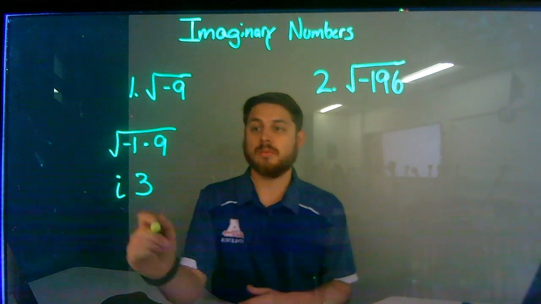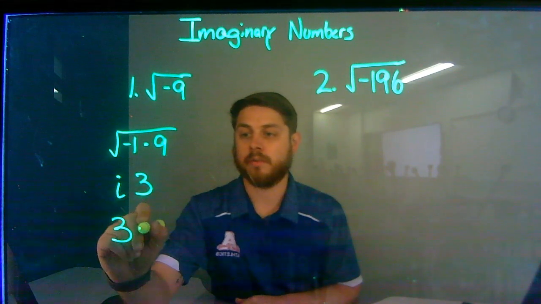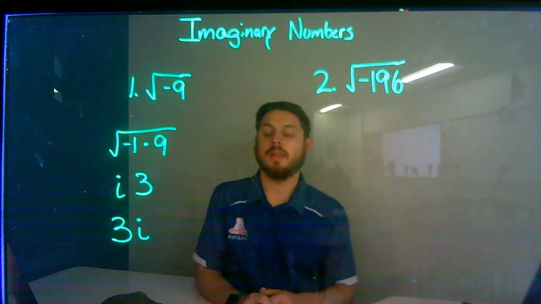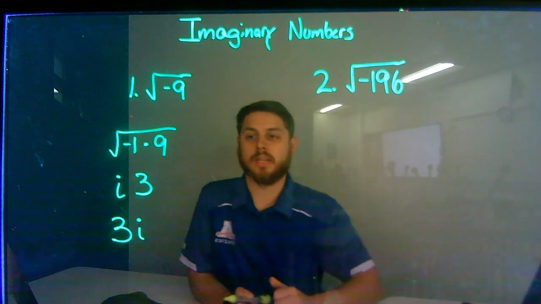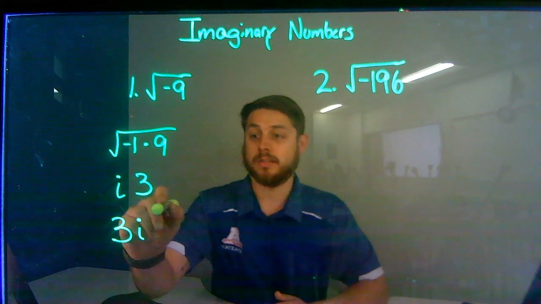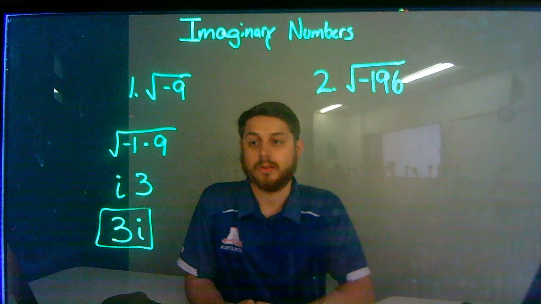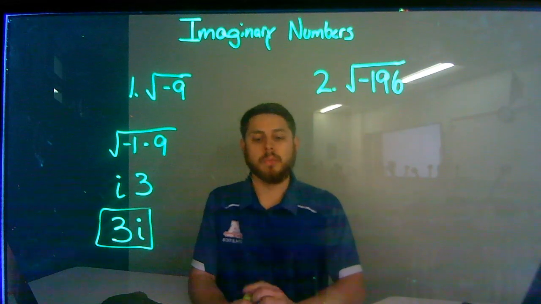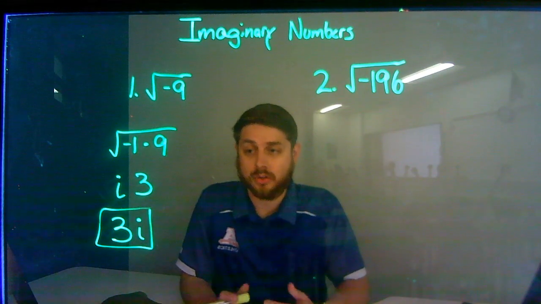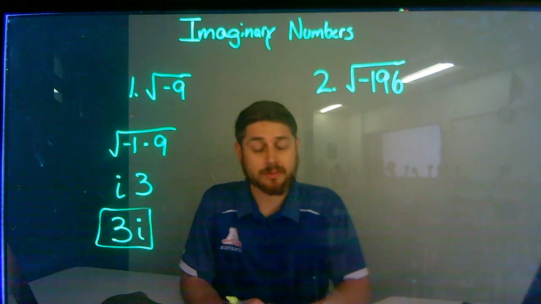We would traditionally write it with the 3 in front and the i there at the end. This is our answer, 3i. I know it's a little weird so far, but we're going to work through a couple more examples and hopefully it'll start to make some sense.